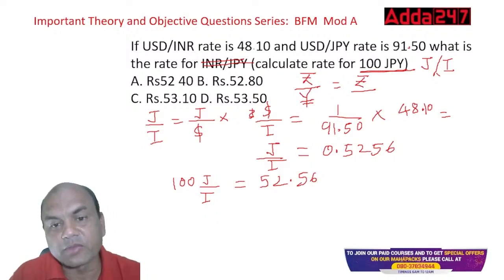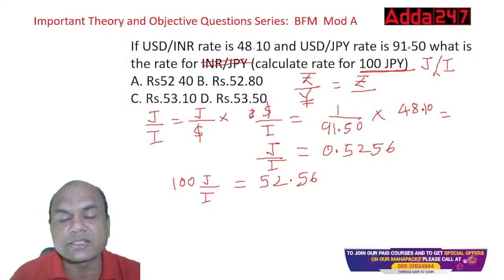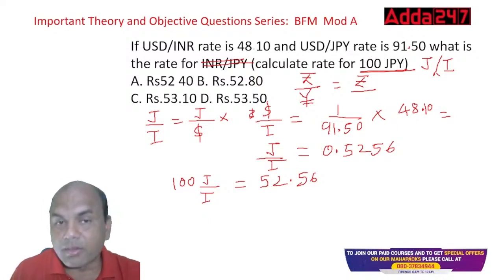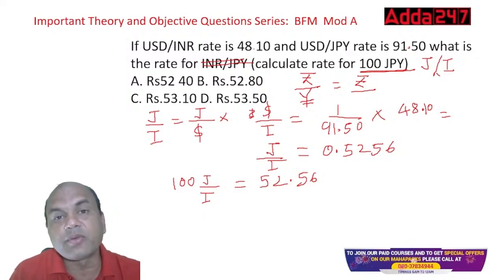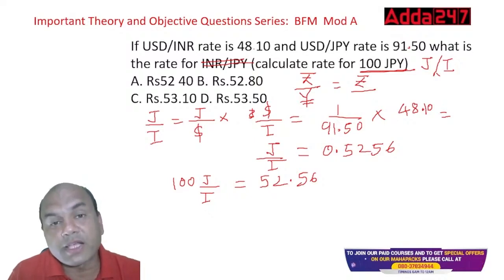100 JPY equals 52 rupees. So who is stronger? Rupee is stronger, correct. But remember, if a currency is stronger, like the rupee is stronger over here, does it mean India is more developed than Japan? No. We are the 5th largest economy.